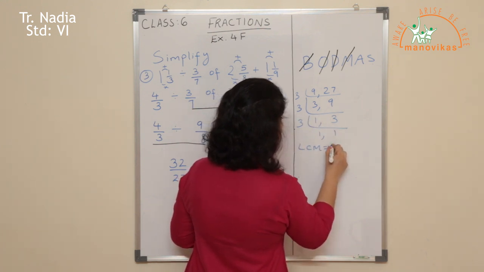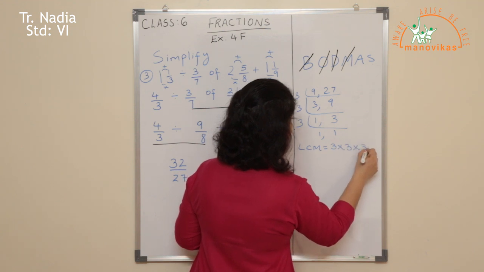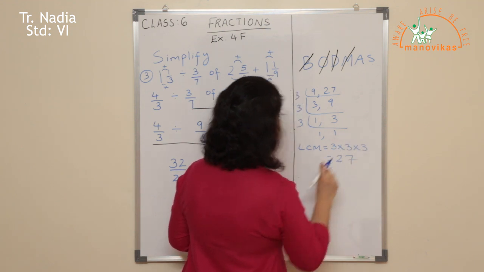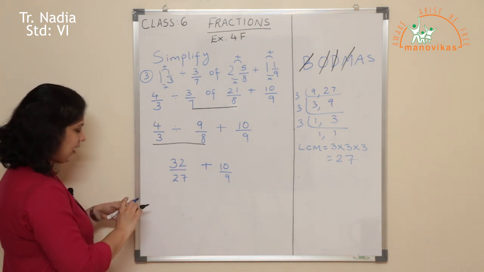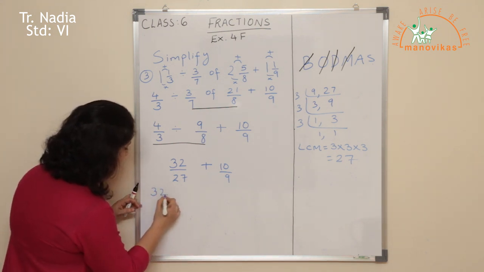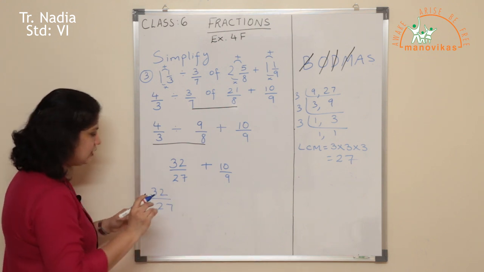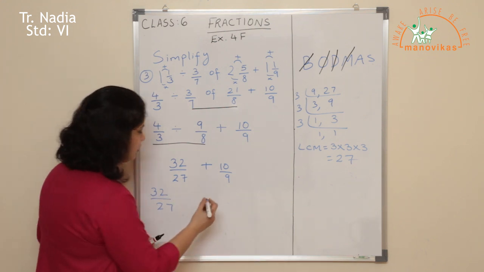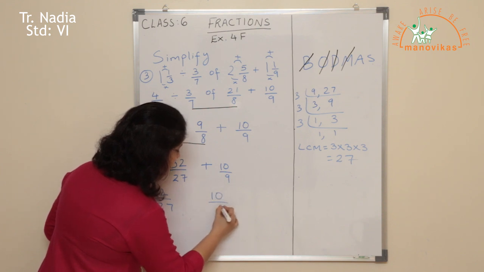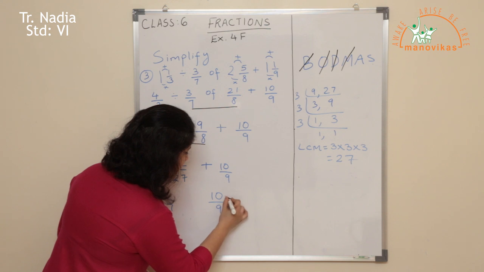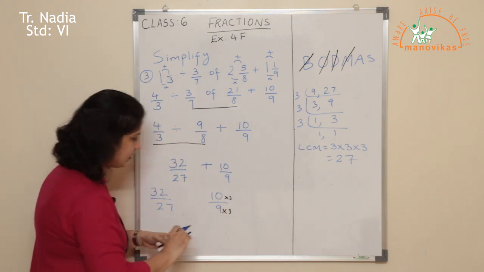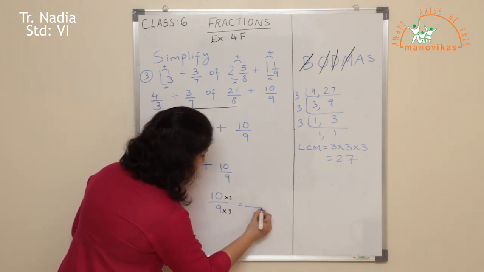The LCM comes to 27. So once I found the LCM, I got it as 27. Now the first fraction is already having denominator 27. So you need not make any changes for it. The next fraction is having denominator 9. Now this 9 has to be converted to 27, for which I need to multiply it by 3.